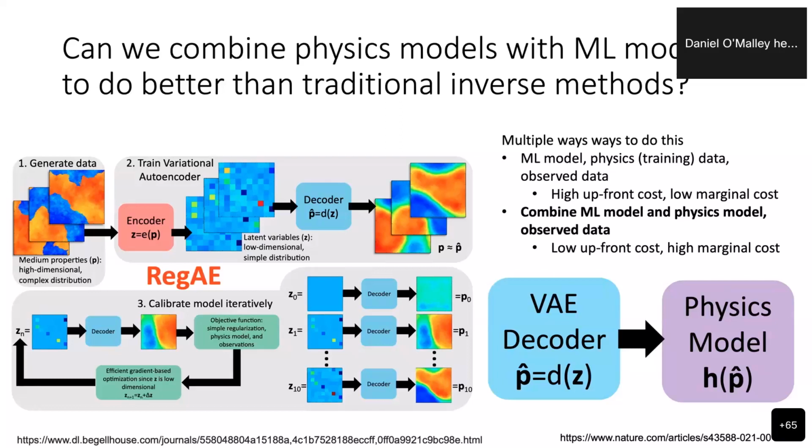You actually do the inverse analysis in the latent space. The way you construct your loss function is you map from the latent space through the decoder, which produces a permeability map, which then goes into the physics model. You compare that with your data, and then you just do some traditional gradient-based optimization process.